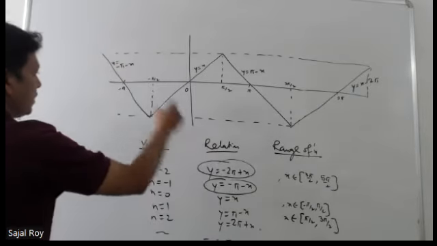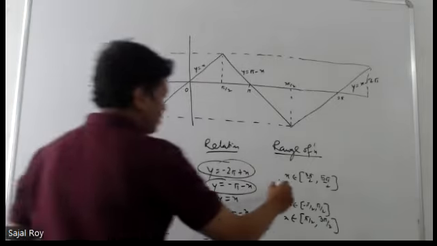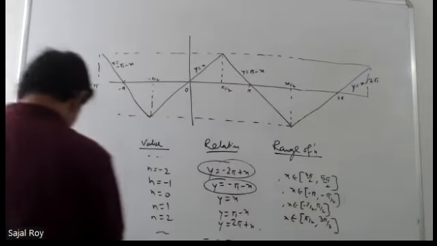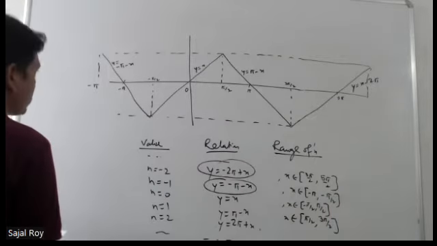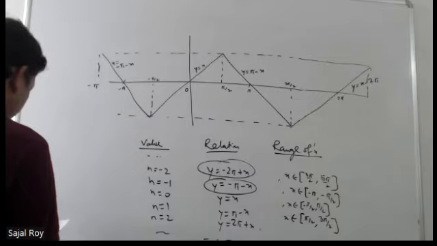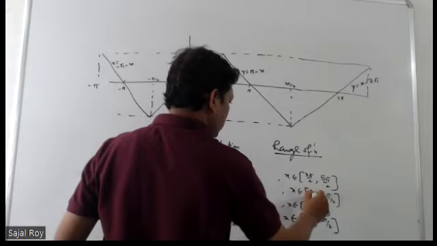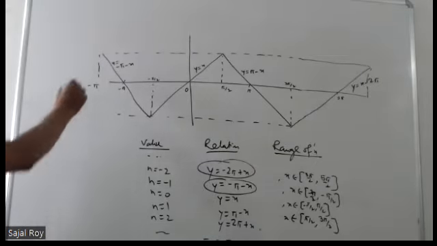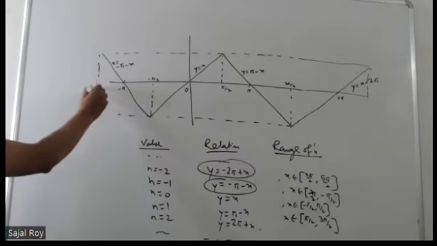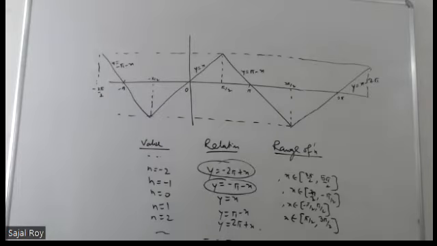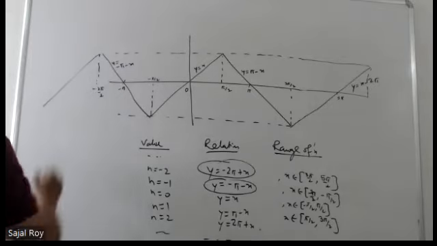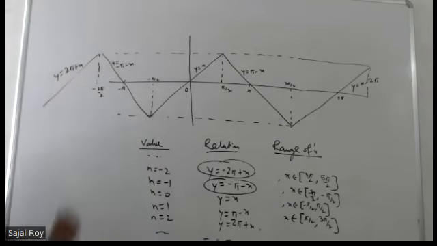So this one is between minus π and minus 3π/2, sorry, minus 3π/2 and minus π/2, right? Yeah, that's right. So on. And the other portion, you have y equal to. That's it. Have you understood this portion?